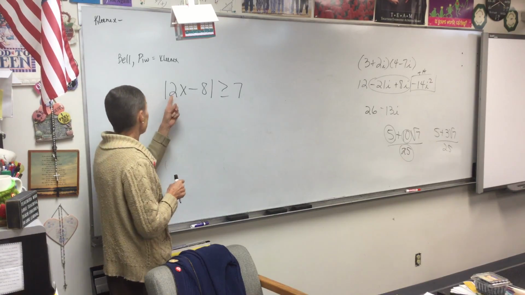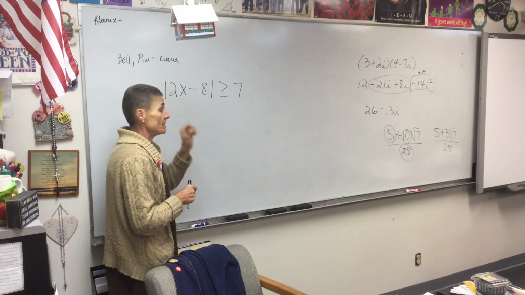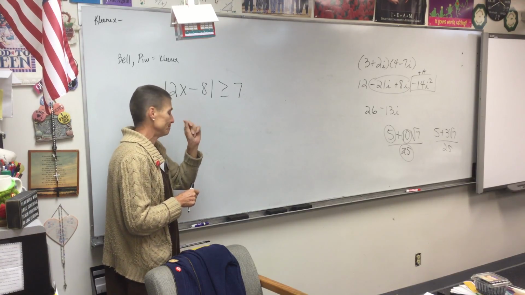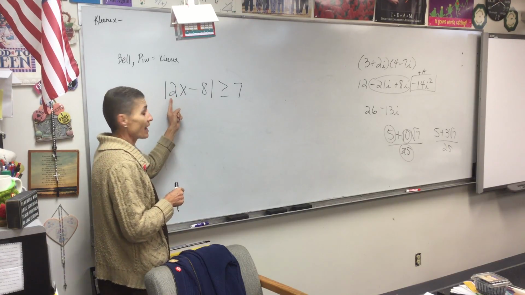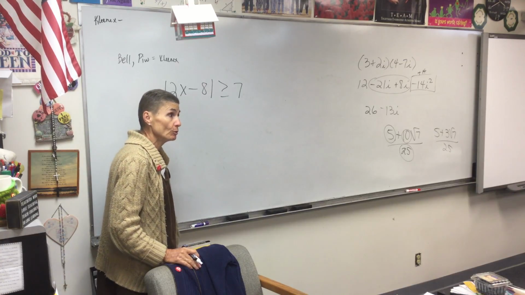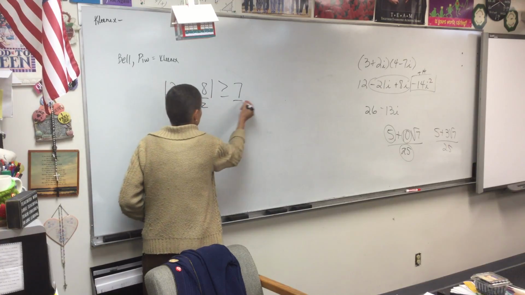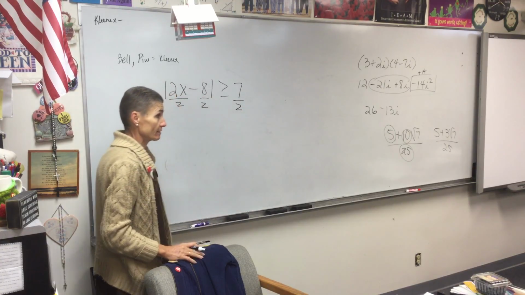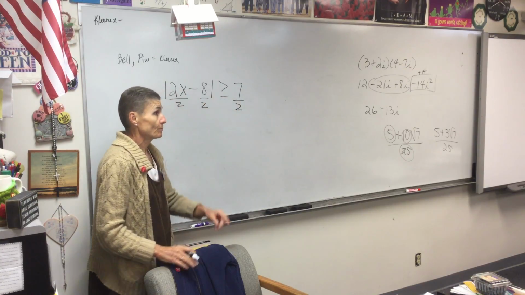It has a coefficient here, right? Yeah. All right. This is like completing the square. You can't have that number there. So do you have any idea what I might do? Divide. And when I divide everything, so divide by 2, divide by 2, divide by 2.